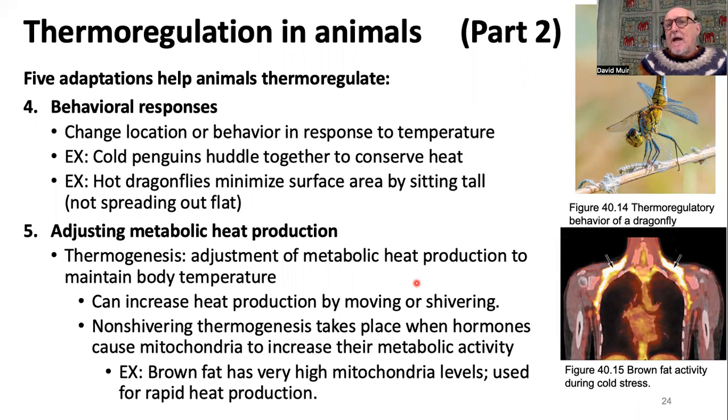Other animals have far more, and it tends to be very much more common in the small mammals, which are much more subject to cooling because they have a relatively high surface area compared to their size.